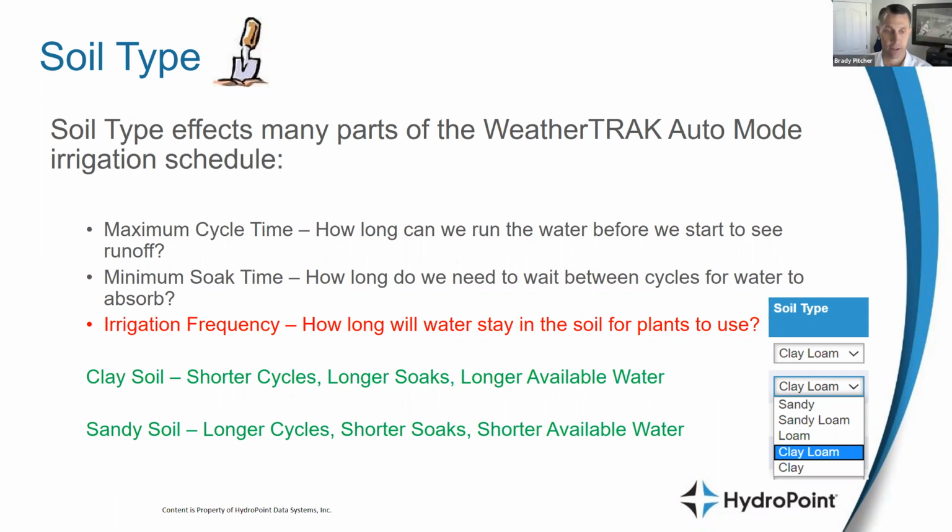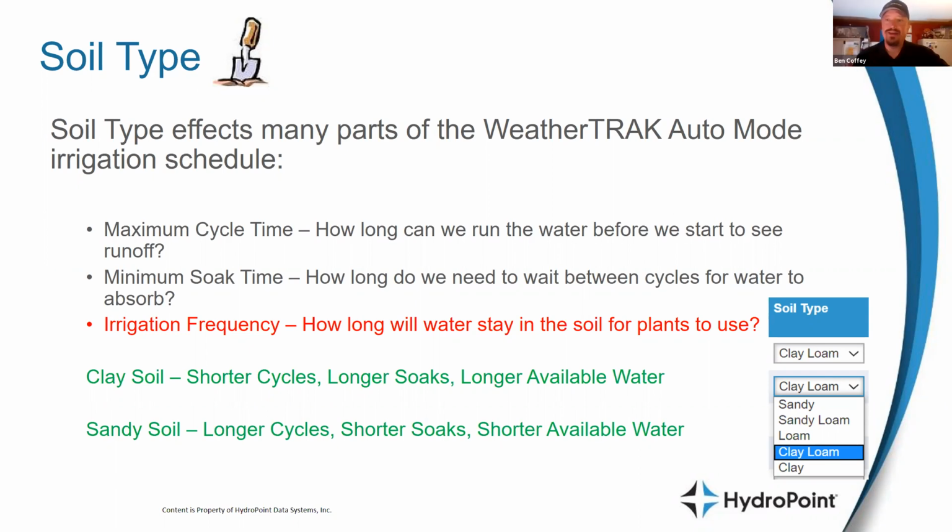On the opposite side, sandy soil, you can have longer cycles, shorter soaks, but the days in between are going to shrink in order to meet the need of the soil specifically.